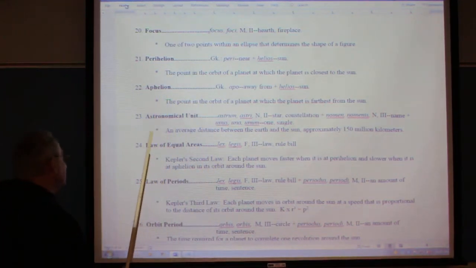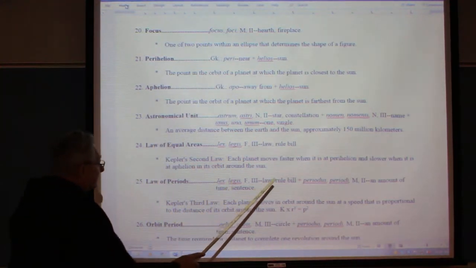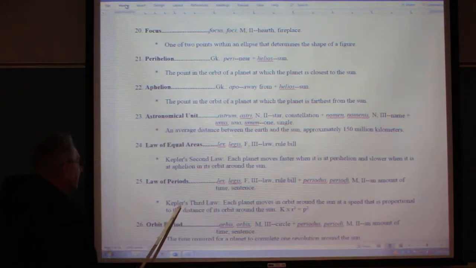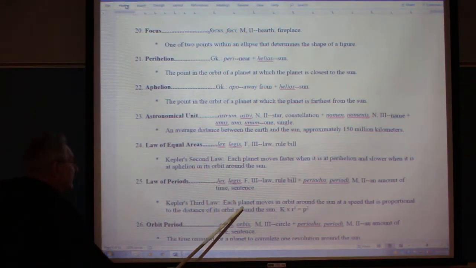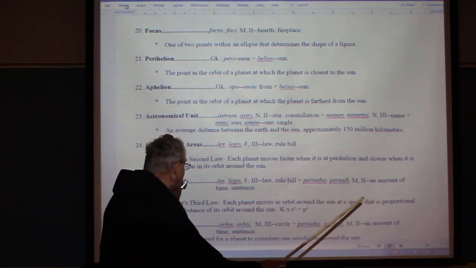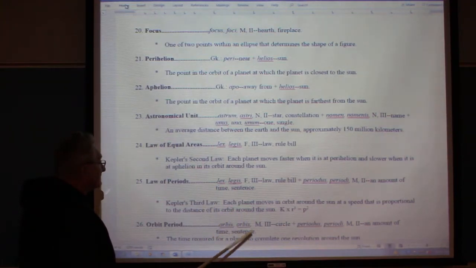Now this is the hardest one, law of periods. So the period is the amount of time. So Kepler's third law: each planet moves in orbit around the sun at a speed that is proportional to the distance of its orbit around the sun.